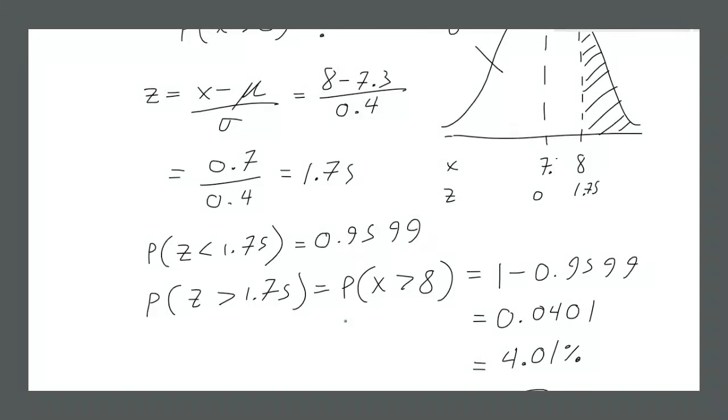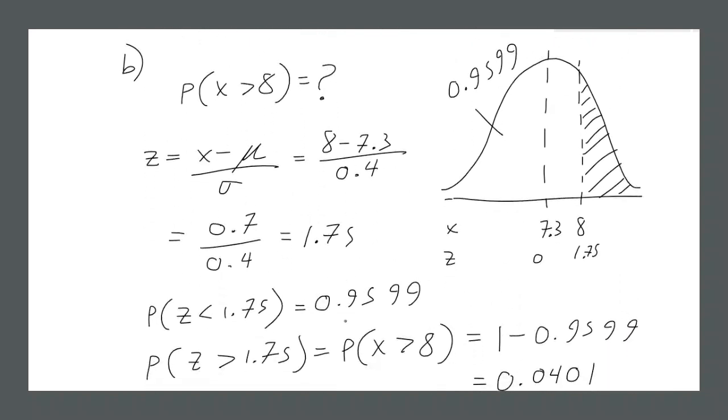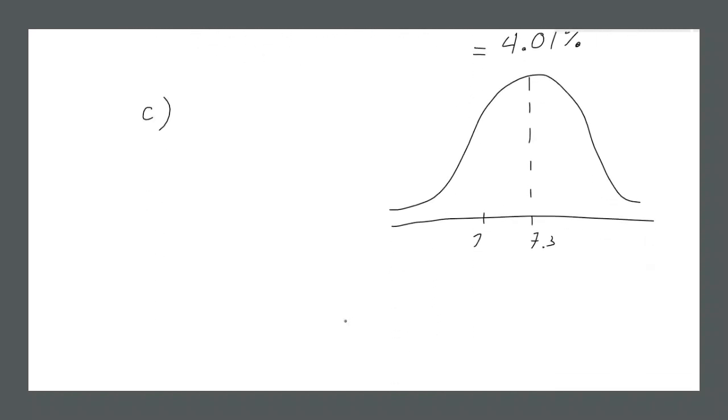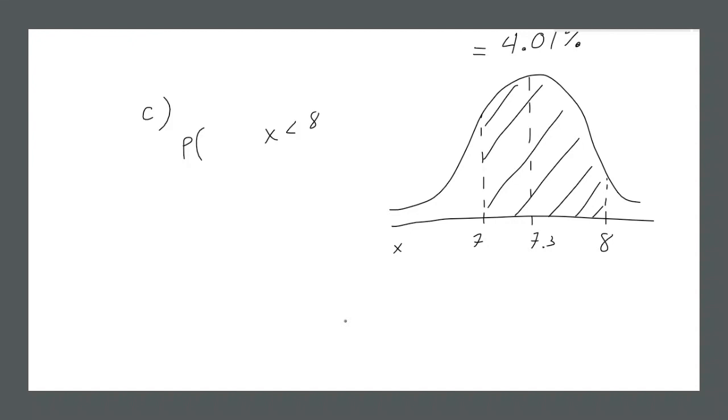That, by the way, should also have been a 7.3 in part B, because that's the mean value. That's why we plugged in 7.3 there. So there's a 7 somewhere below that, an 8 somewhere above that, and we're actually looking for this shaded region right here. So we want the probability that X is between 7 and 8.